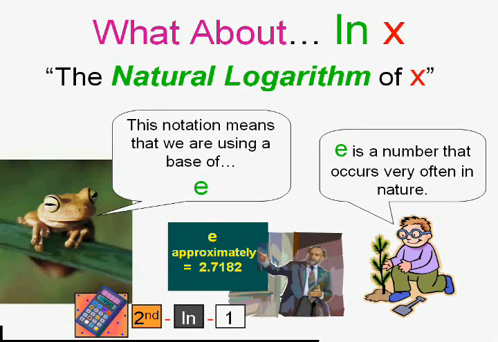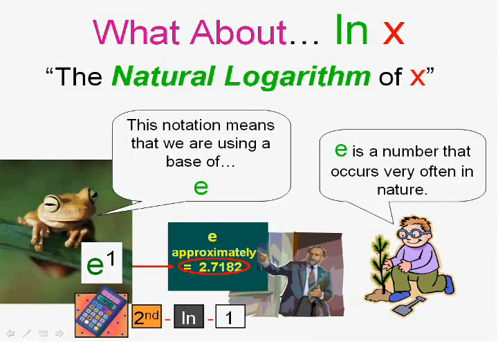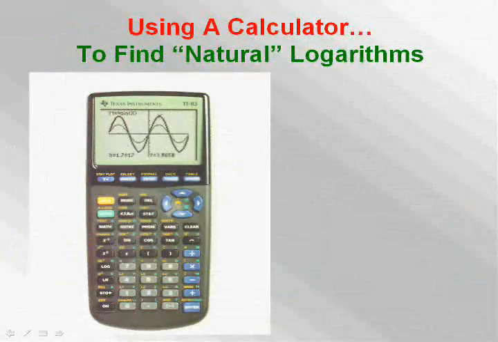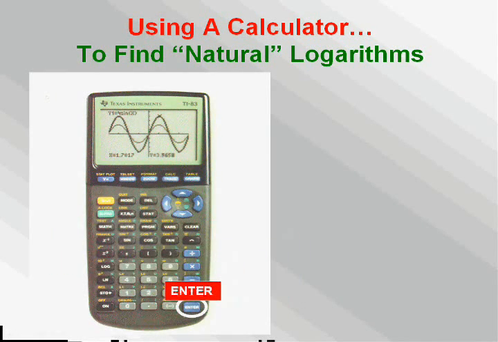And if you hit second logarithm of 1, of course that would be e to the 1st, wouldn't it? You would get 2.7182 or something very close. So to find a natural logarithm on the calculator, we're going to use just a different button. We're going to use the natural logarithm button. Notice that it's very close to the common logarithm button, and we still need to use enter.